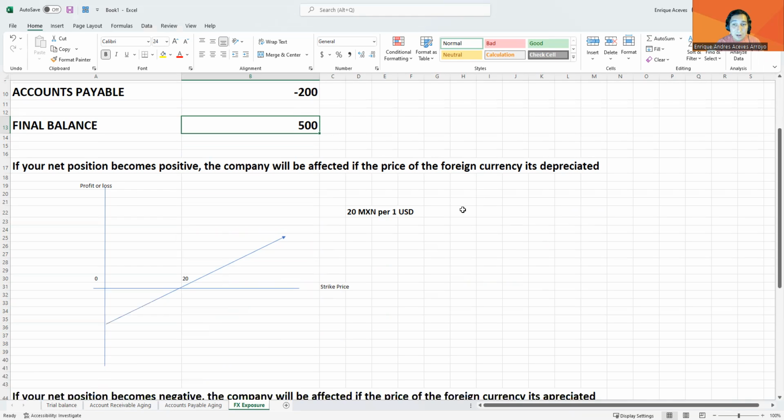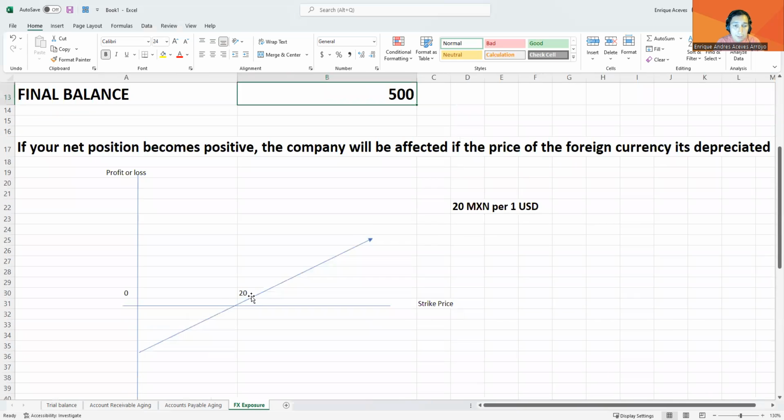If the US dollar gets depreciated, that would mean that you will have to use fewer pesos to buy $1.